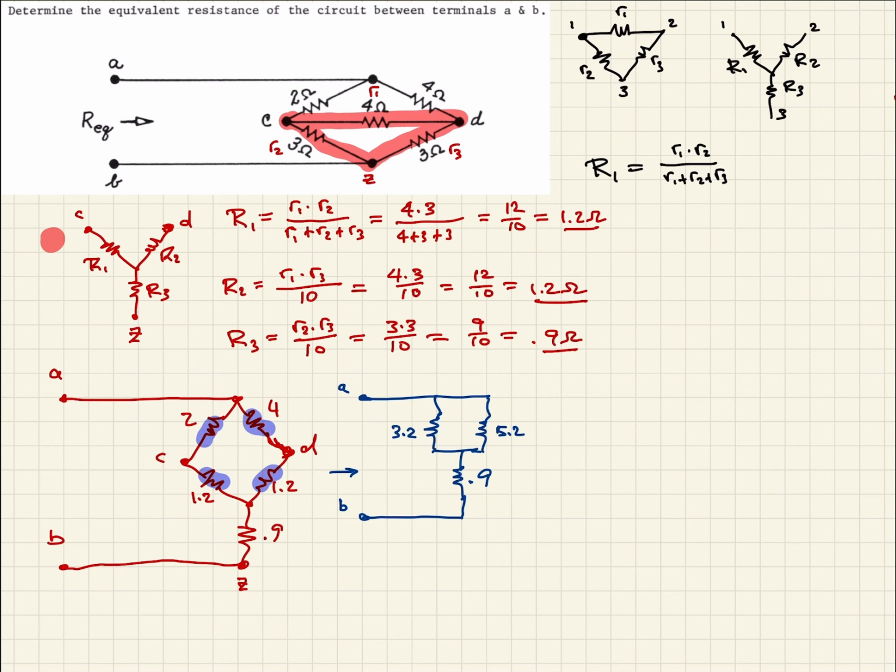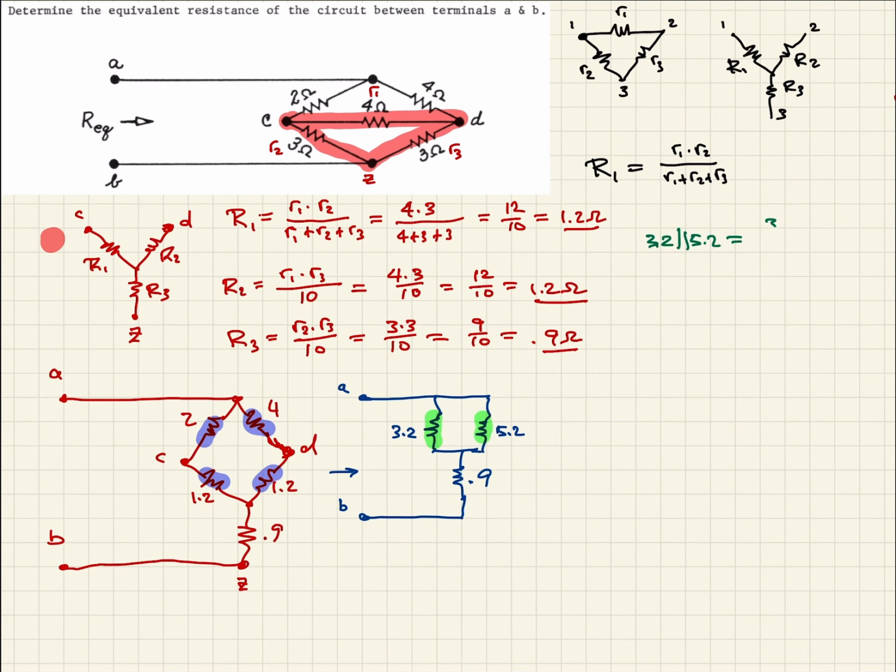So now we see that this resistor and this resistor are in parallel. So we can do a little side calculation for that and say 3.2 in parallel with 5.2.